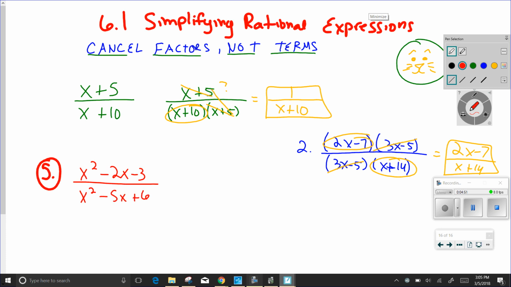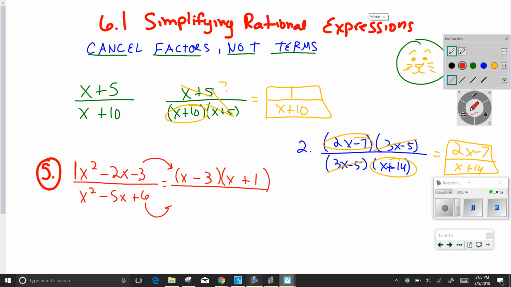There's nothing to factor. But now what we have to do is factor. So the numerator right here, I can shortcut factor this because my a value is 1. So that factors to be x, the two numbers that multiply to give you 1 times negative 3, that add to give you negative 2 are negative 3 and positive 1.